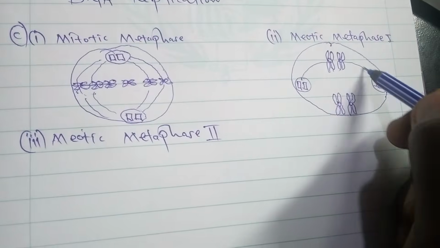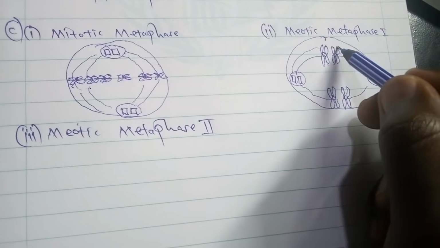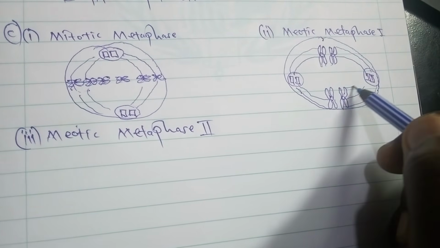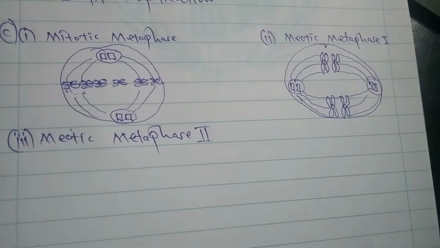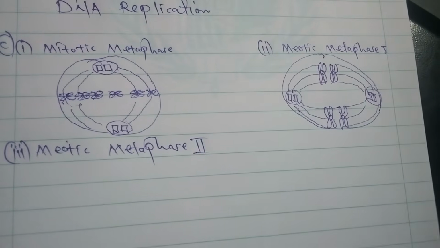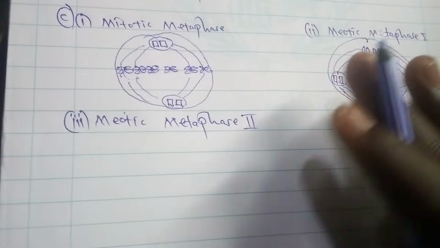Then you just indicate something like that. So that is how the cell looks at meiotic metaphase 1.